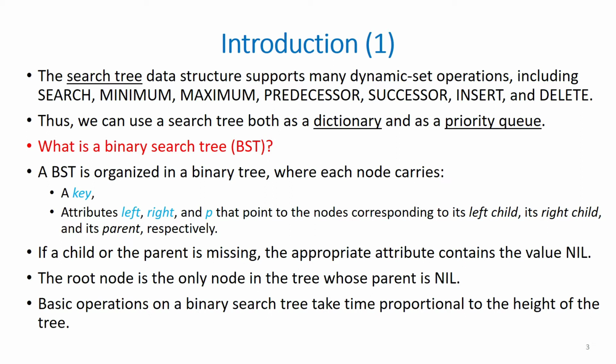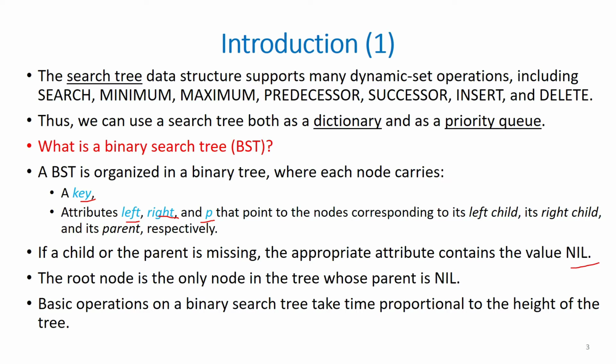So what's a BST? It is basically a binary tree data structure where each node contains a key, a pointer to its left child, a pointer to its right child, and a pointer to its parent. If any of the children or parent is missing, the pointer is set to nil.